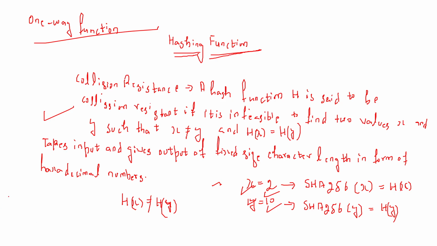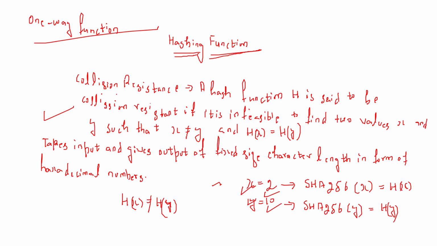It is not possible. That explains the name of this property, collision resistance. It means two different inputs cannot collide to the same output. So this hashing function will never give you the same output for two different inputs.